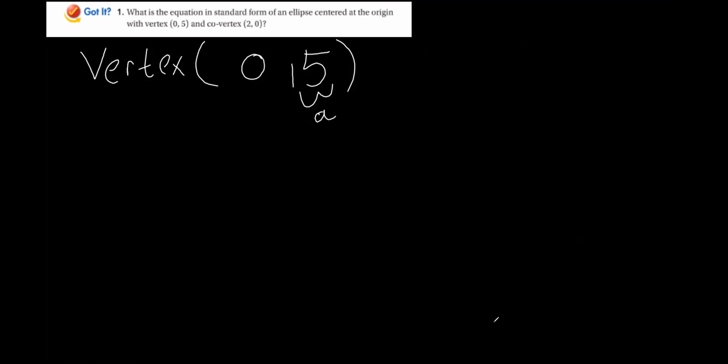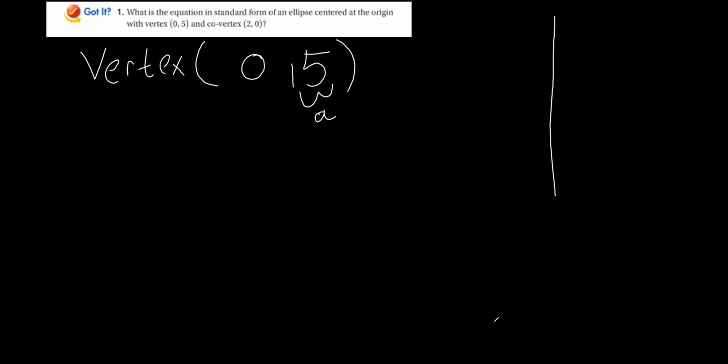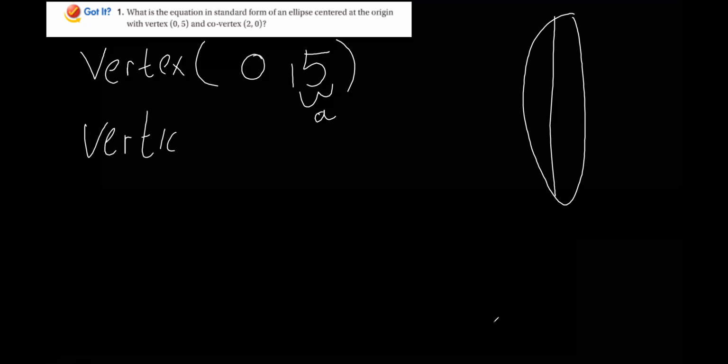Since it is on the Y, the major axis is on the Y axis, so it will be a vertical ellipse. You can know it from the given information or from graphing the ellipse.